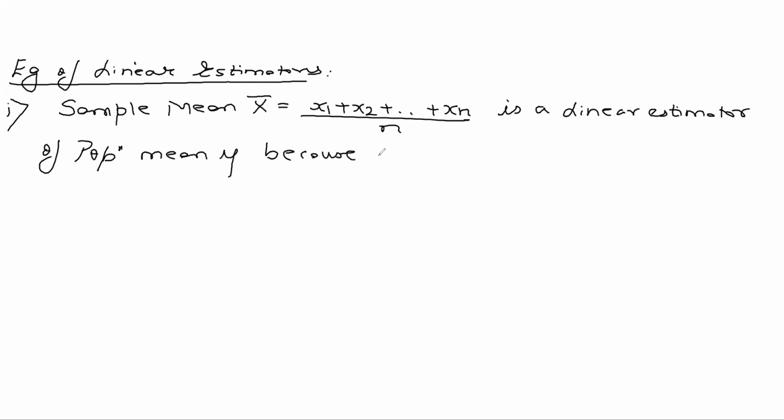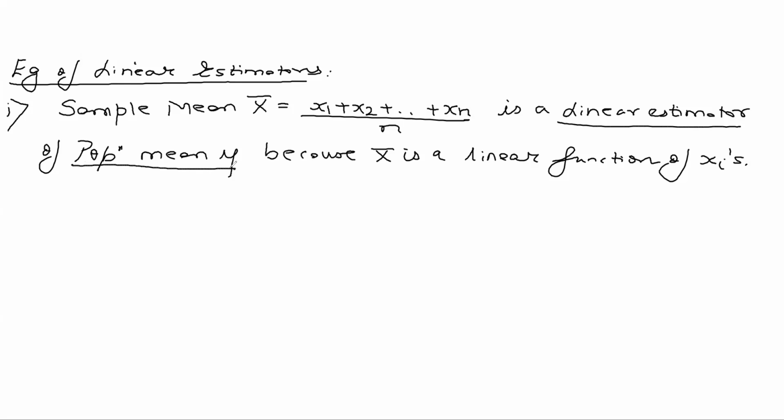Because x bar is a linear function of the xi's, the sample values. You can clearly see that x bar is a linear function of the xi's. There is no quadratic, there is no cubic, it's a linear function. Since x bar is a linear function of the sample values xi's, hence it's a linear estimator of the population mean mu.